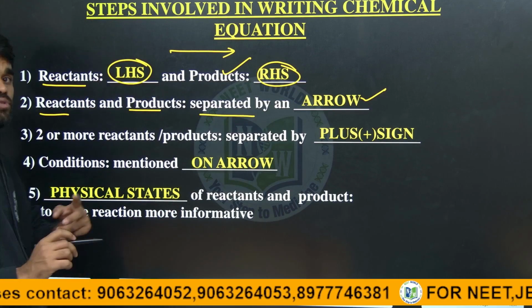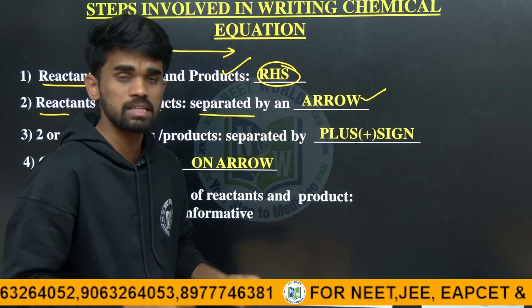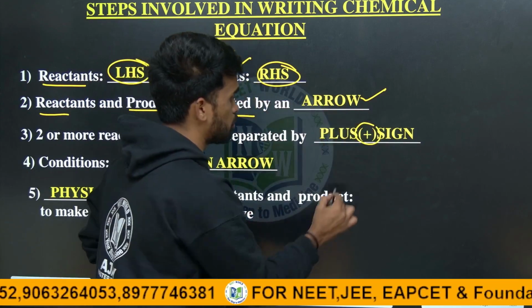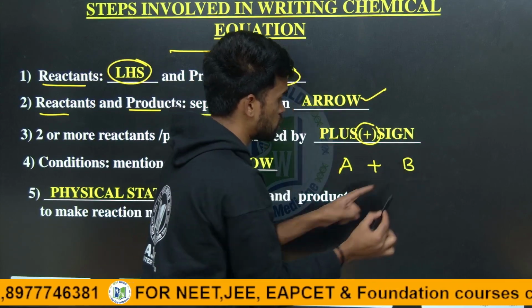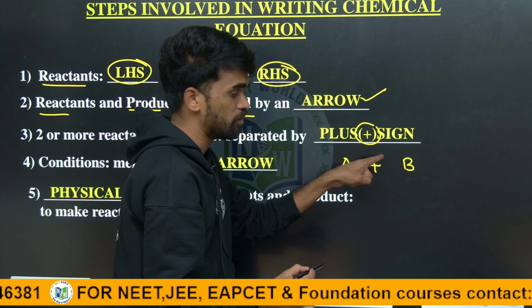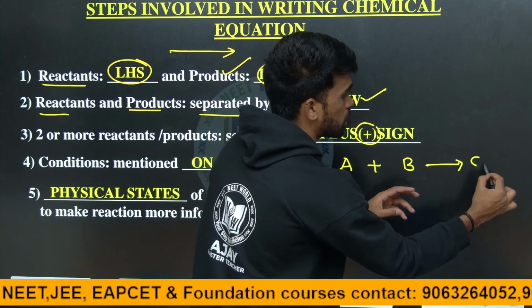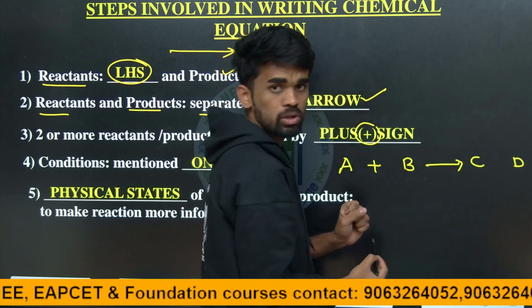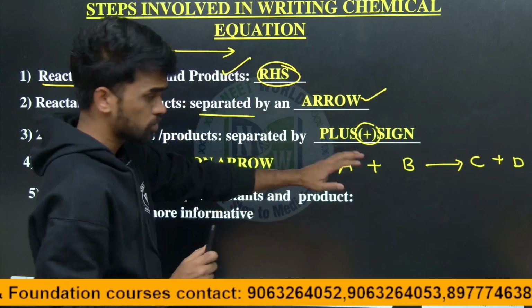Then next, if 2 or more reactants are present, how are they separated? A plus sign is used. For example, A is a reactant and B is also a reactant. So A and B are separated with the plus symbol. These 2 combine to form some product C and product D, which are also separated with the plus symbol. So this is how we have to represent it.